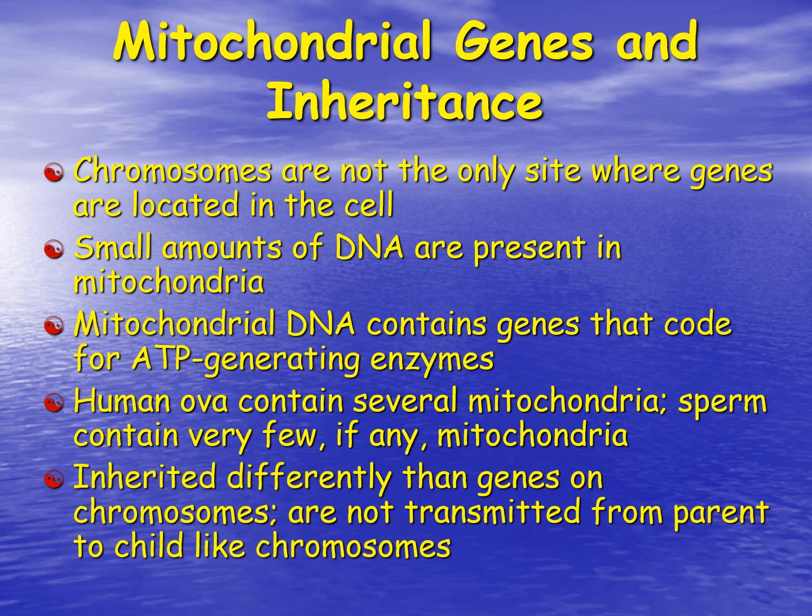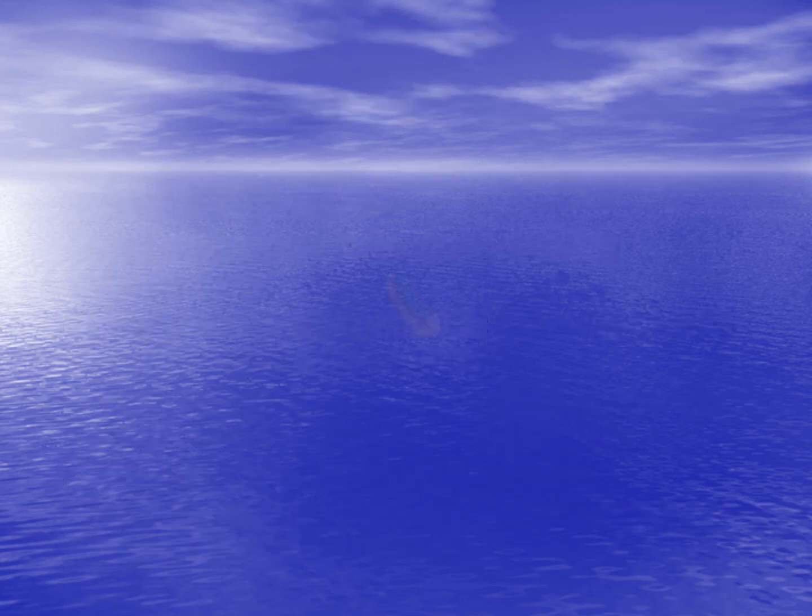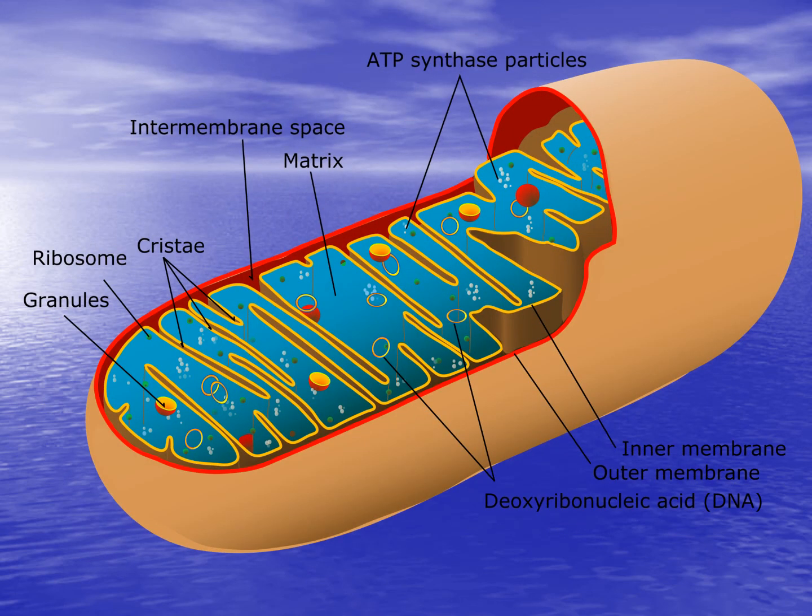So they are inherited differently than genes on the chromosomes of the nucleus and are not transmitted from parent to child like the nuclear chromosomes. This just simply shows a picture of a mitochondria. It is a double membrane bound organelle, and the inner folded cristae, if you remember, is where our electron transport chain will occur, producing a lot of energy for us.